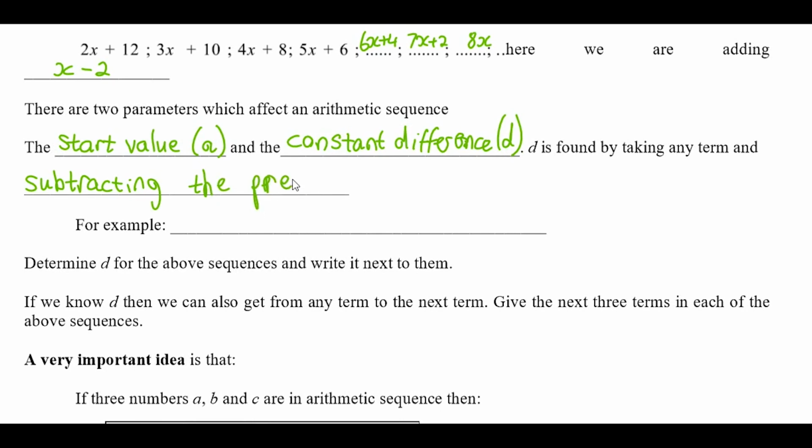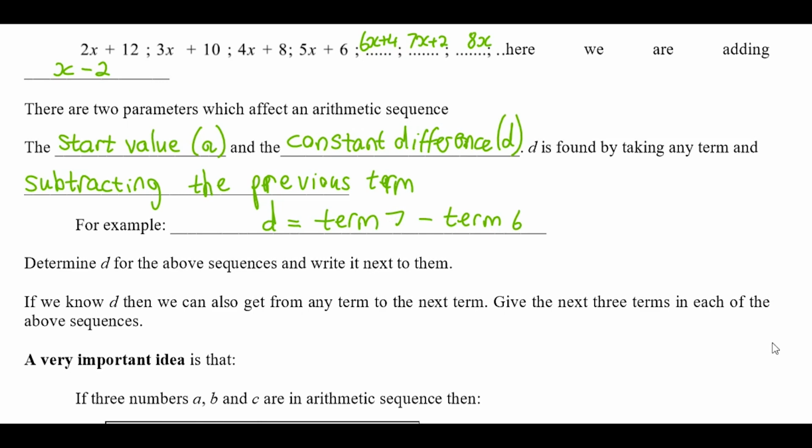When we say previous, we mean the term before it. So for example, D could be term 7 minus term 6.